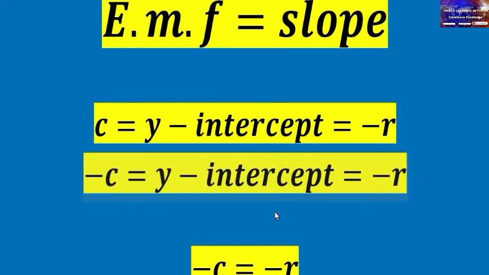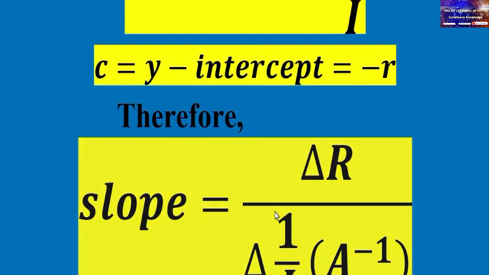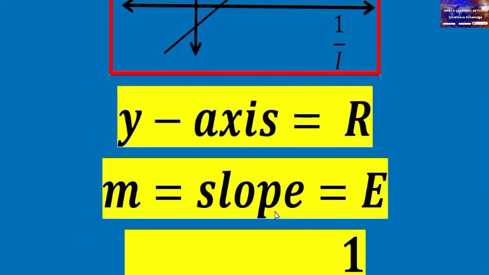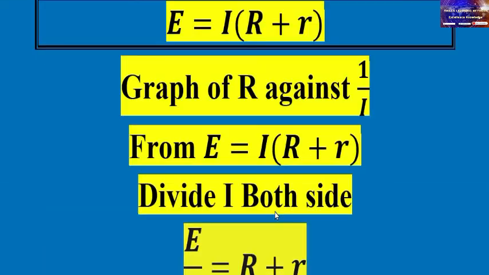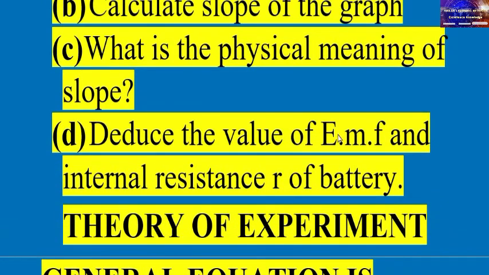So generally that is the derivation, and to see how the graph can be solved and how to get the values which have been asked within our questions. The value of E.M.F is equal to the slope, and the internal resistance is equal to the y-intercept. The physical meaning of the slope is the electromotive force.